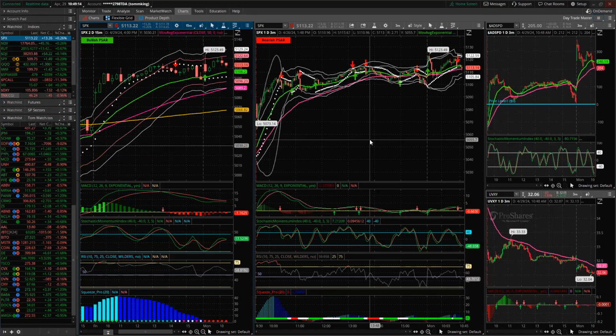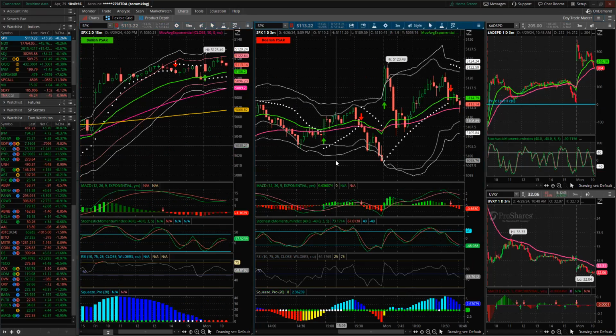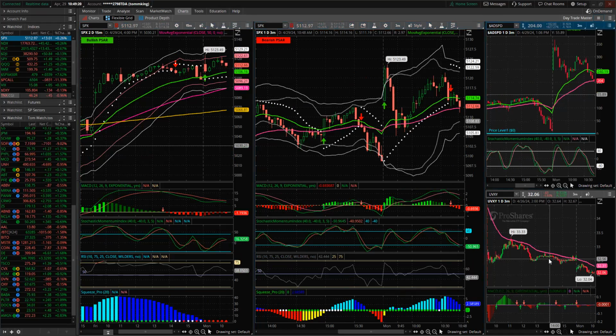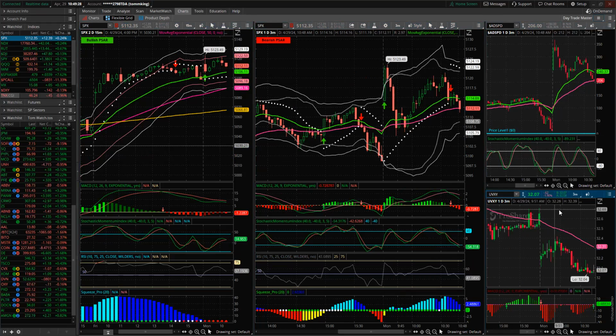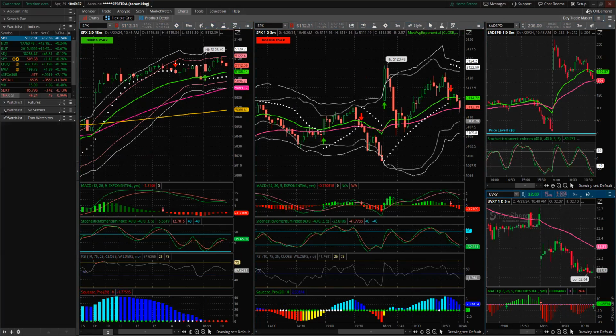I look at the 15-minute and the 3-minute chart here, and I'm just trying to make sure I get direction right. I don't put a ton of stock in UVXY and so forth in the UVXY split, but UVXY is now down at lows of the session. The market is definitely pulling back.